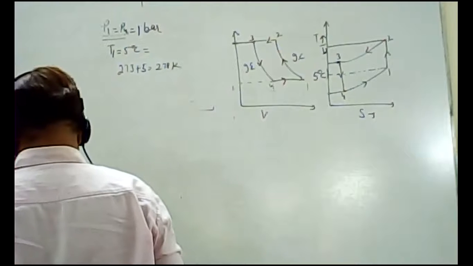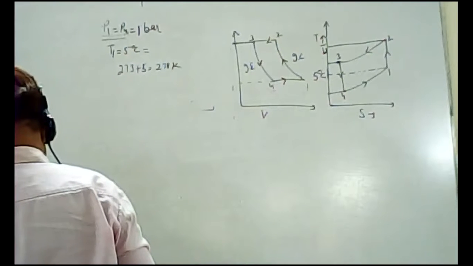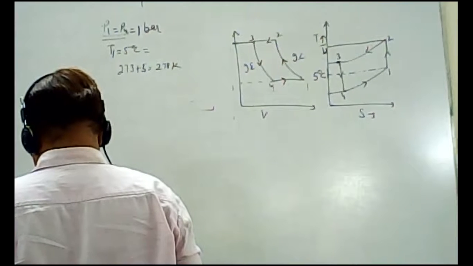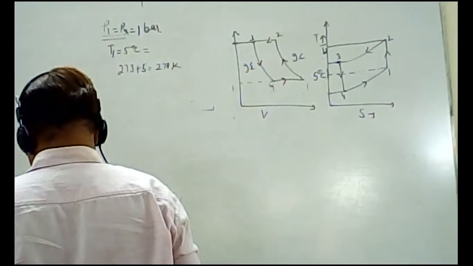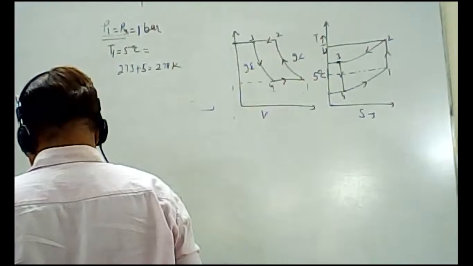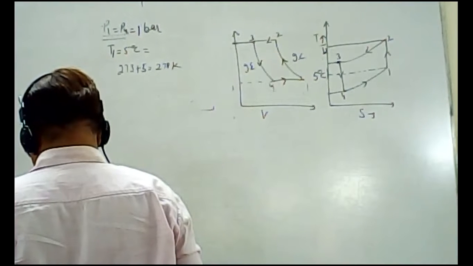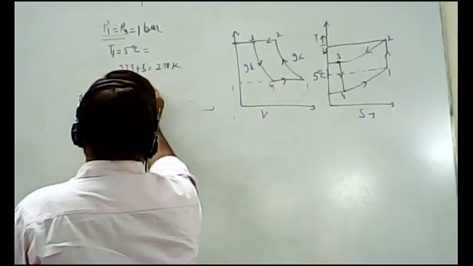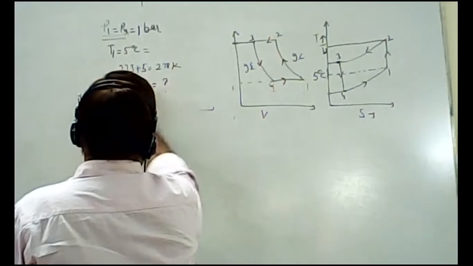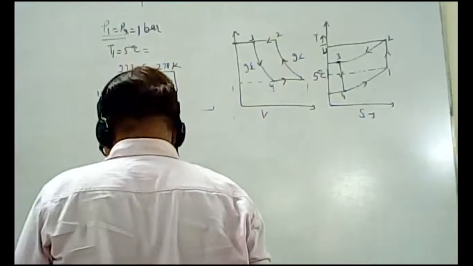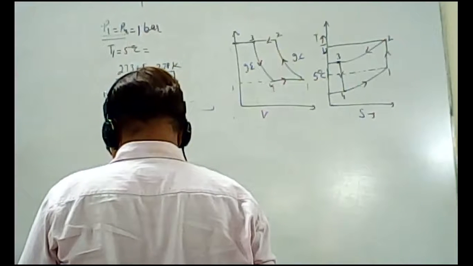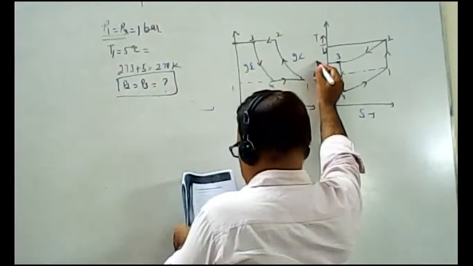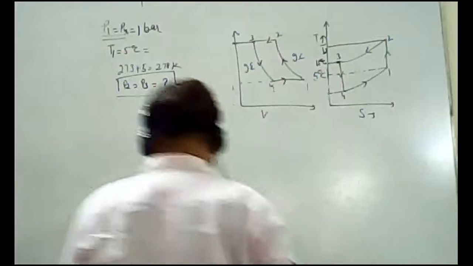The second pressure is also given. What will be the pressure? P2 and P3. The temperature is also given, and the value of T3 will be equal to 15 degrees centigrade.